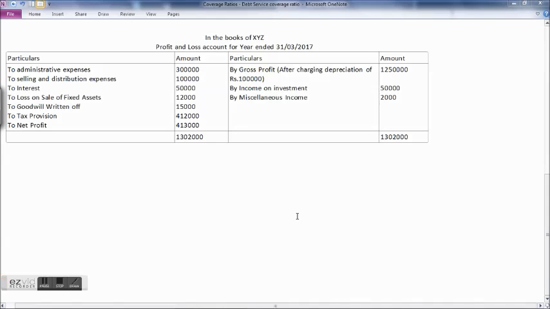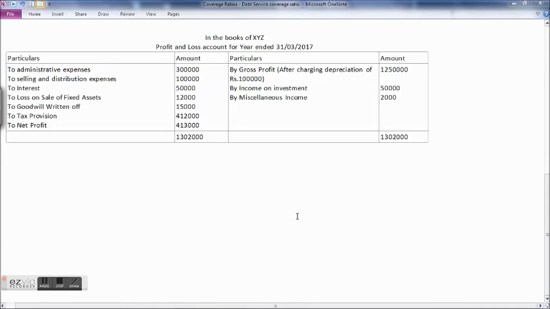Then on the right hand side you have gross profit after charging depreciation of 1 lakh, so 12 lakh 50,000, I'm sorry. Then by income from investment 50,000, by miscellaneous income 2 lakh. So this is the profit and loss account of XYZ Limited.